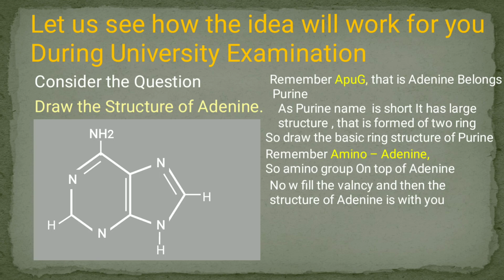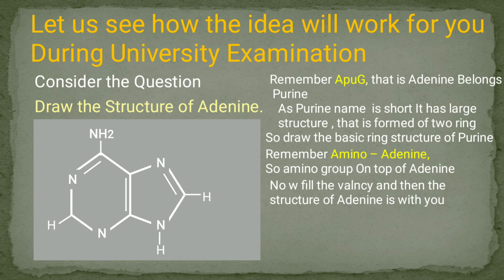So we can easily draw the structure of adenine, guanine or purine if you remember the keywords. To avoid confusion about which are the purines and which are pyrimidines, you have to use the keywords APUG and CUP, that means cytosine, thymine, uracil are pyrimidines and adenine and guanine are purines.